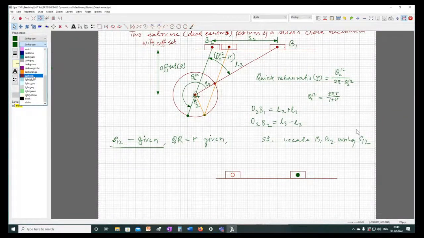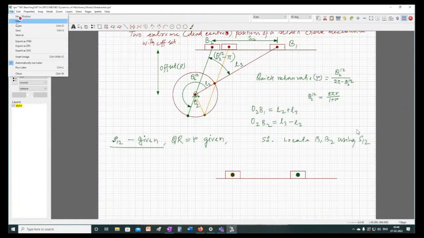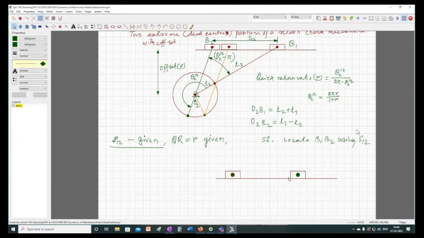Sir, the offset length is also not given. Offset is optional. Sometimes it is given, sometimes it is not. If it is not given in the problem, you can assume any offset, and if it is given in the problem, you have to use that.